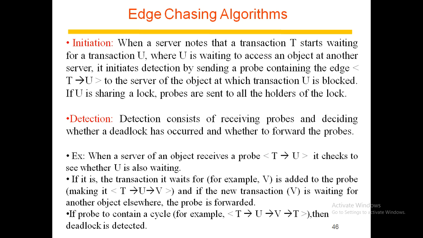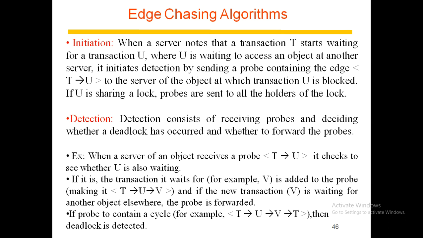If U is sharing a lock, probes are sent to all the holders of the lock. Sometimes further transactions may start sharing the lock later on, in which case probes are sent to them too.